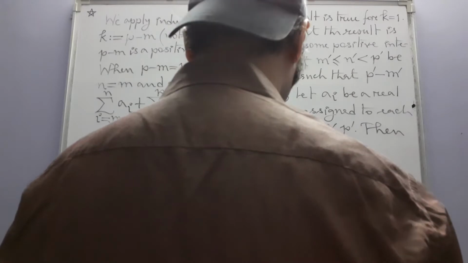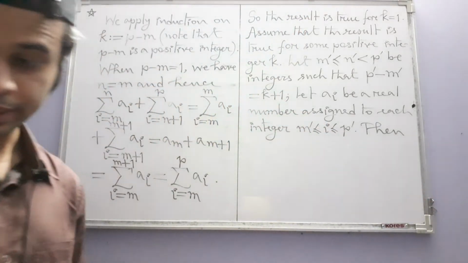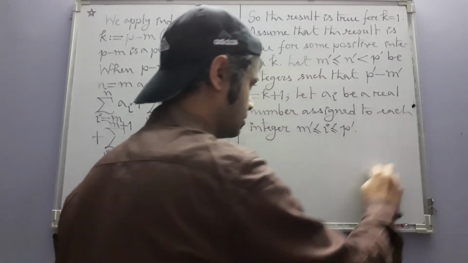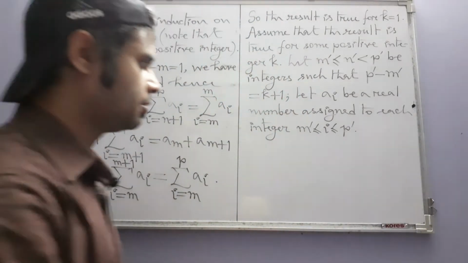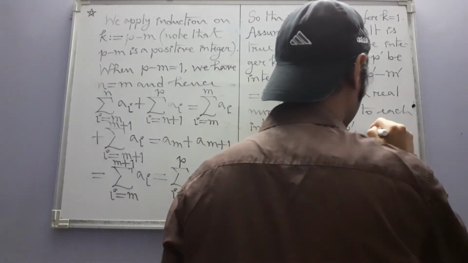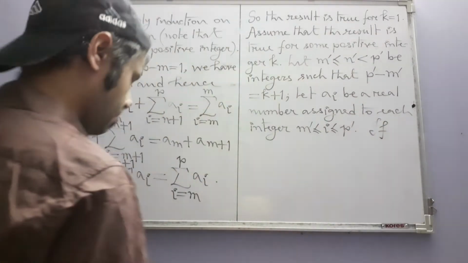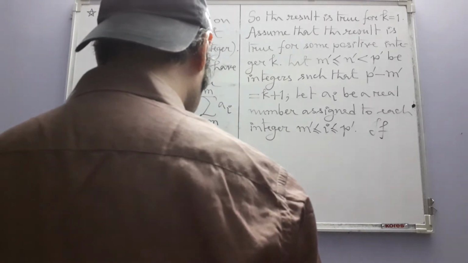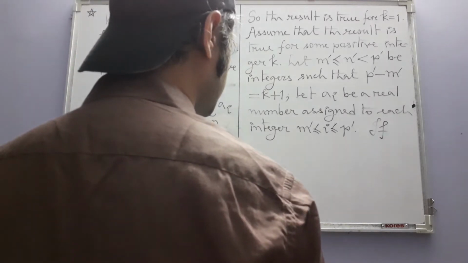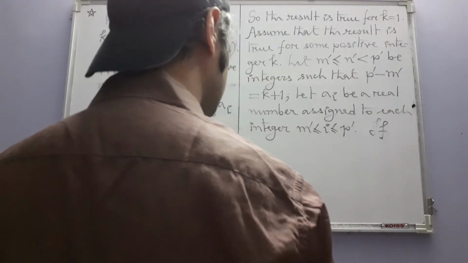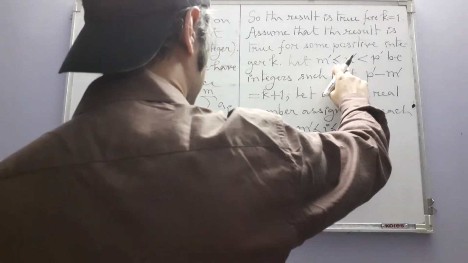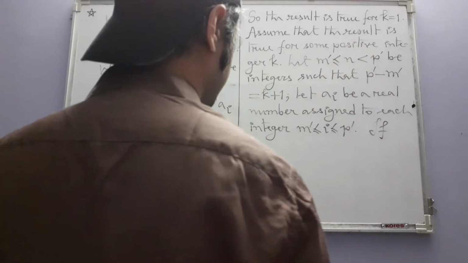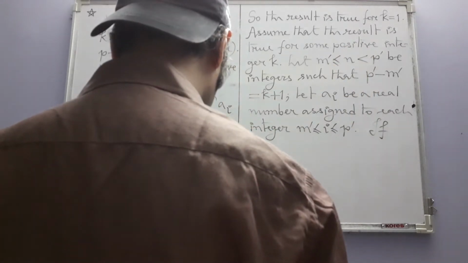Here two cases arise. We cannot just directly have everything. One of the cases is this: if n plus 1, we have taken, you can in fact take it to be just n itself, it does not matter.